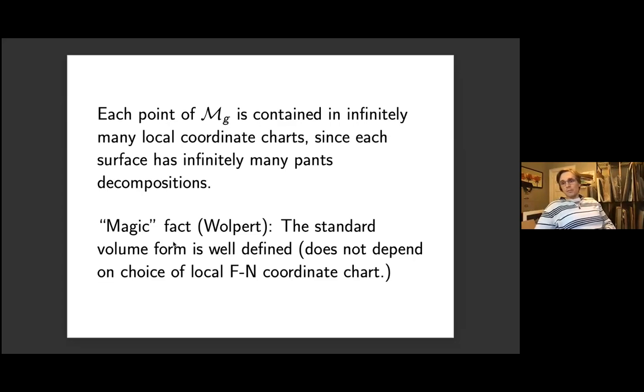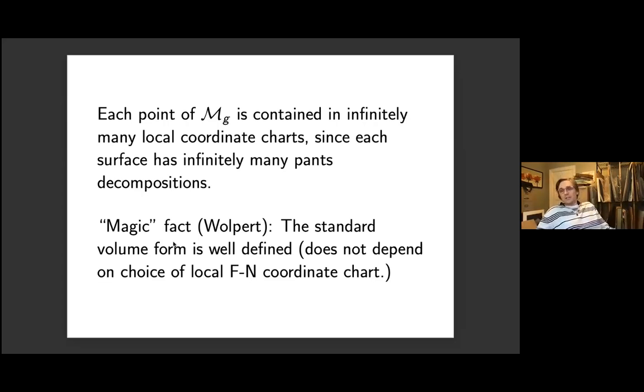So if I look at a Lebesgue measure in one coordinate chart, it's the same volume form as the Lebesgue measure in another coordinate chart. So I just wedge together all of the different Fenchel-Nielsen coordinates, and that's invariant under the change of coordinates. And this is a consequence of what's called Wolpert's magic formula. It's so magic, people actually call it the magic formula.